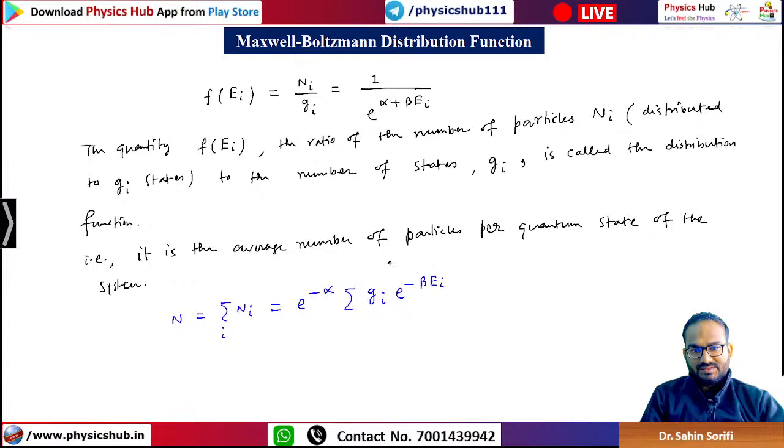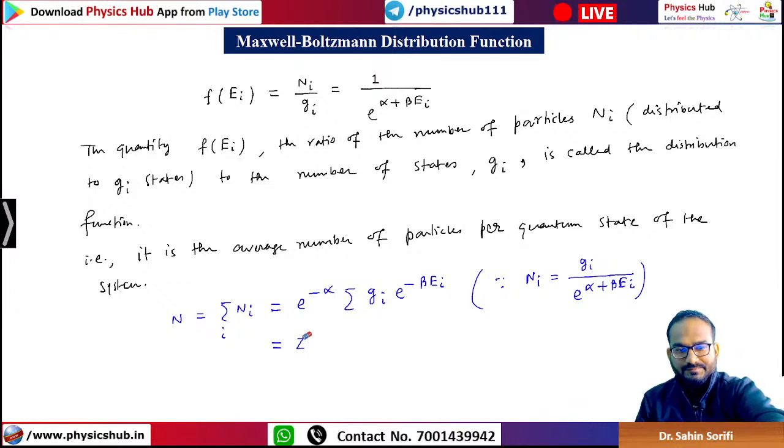We have just put the value of Ni from here. So, this is nothing but the partition function.